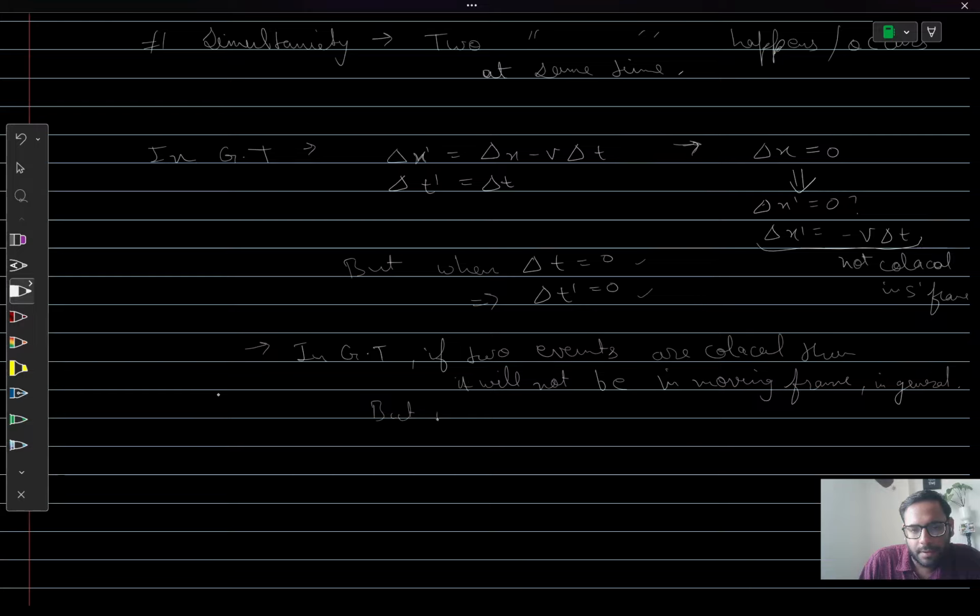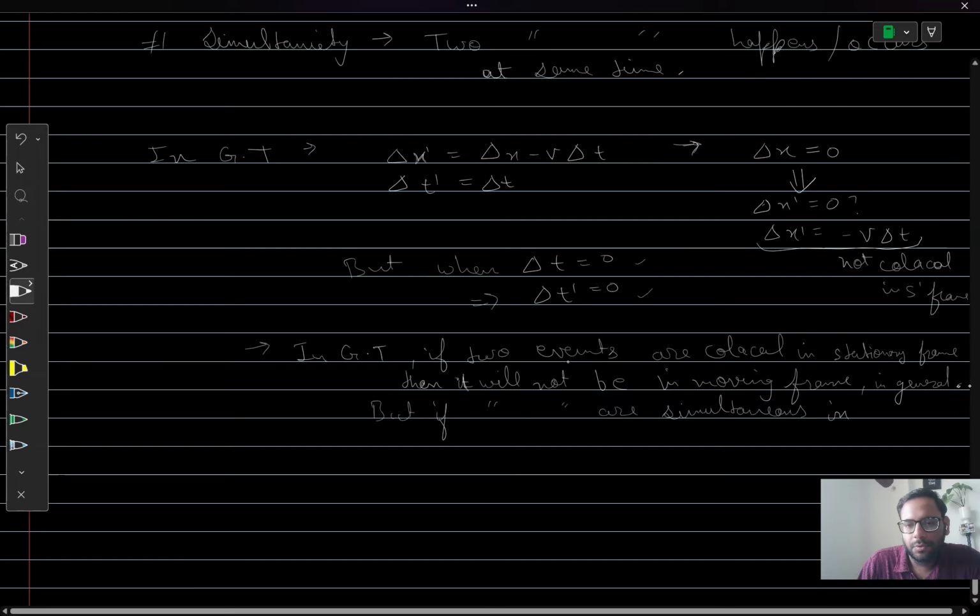But if two events are simultaneous in one frame, that is stationary, let me write it more clearly. In the stationary frame, suppose.